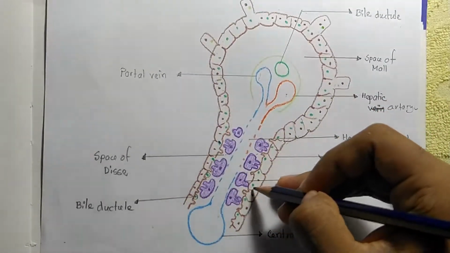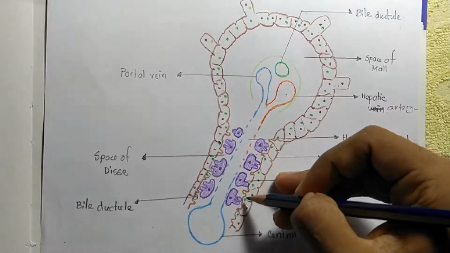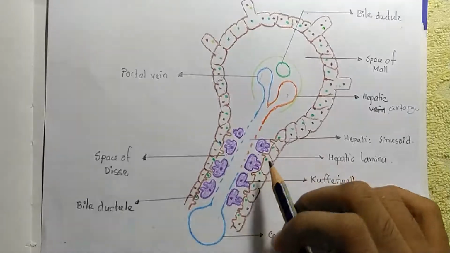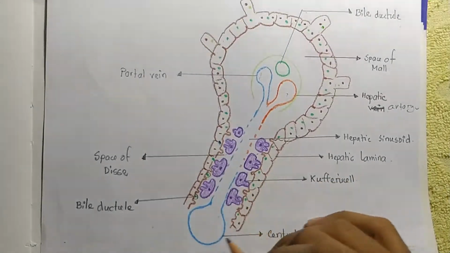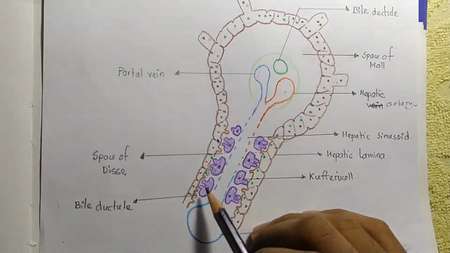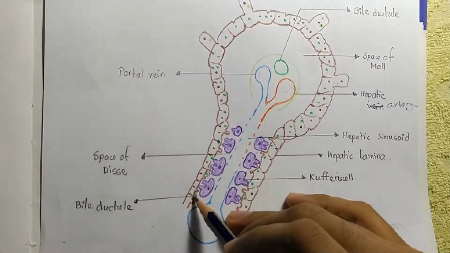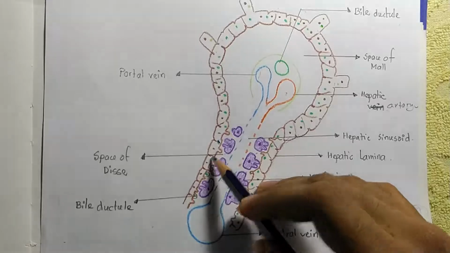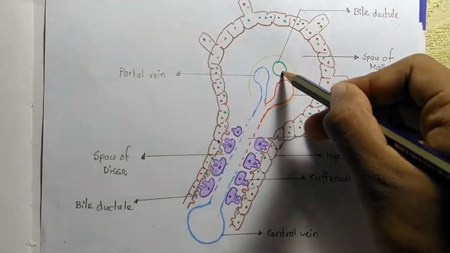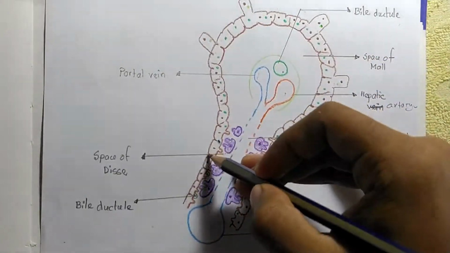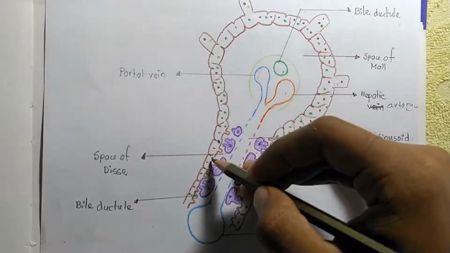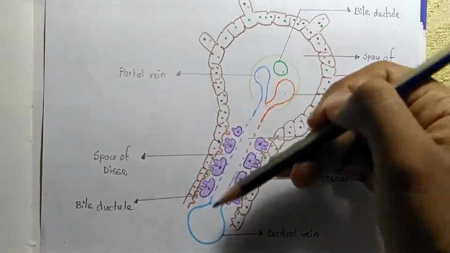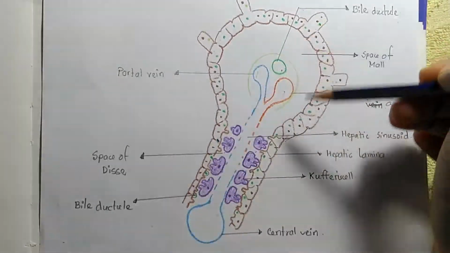And there are some greenish multiple cells also present here. These are called the biliary canaliculi. So bile canaliculi form bile that will drain into the bile ductule. There are two spaces present here.